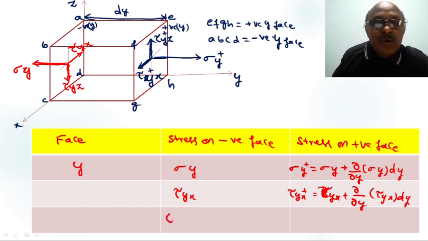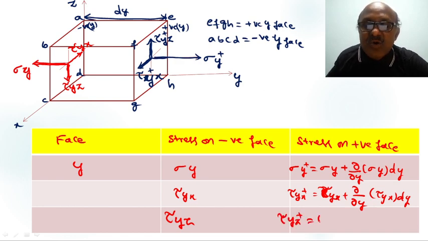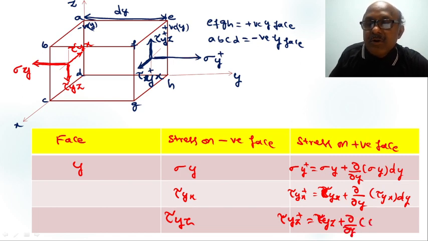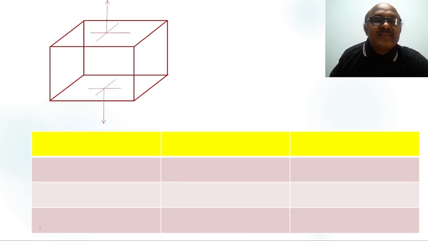So next one, tau yz, that is the shear stress on the negative face. What is tau yz plus? That is equal to tau yz plus dou by dou y of tau yz into dy. All of it clear?